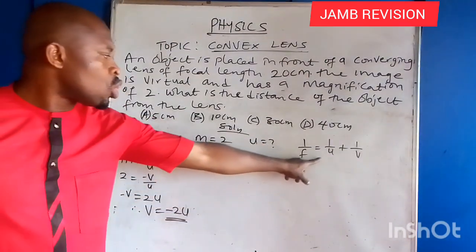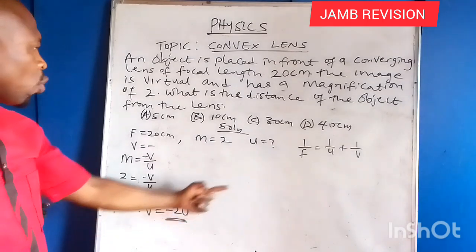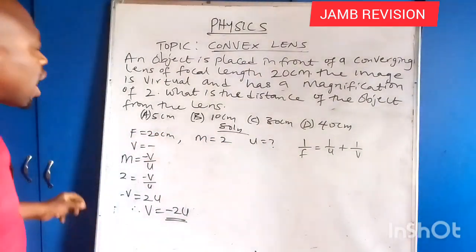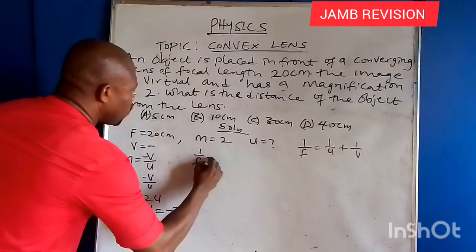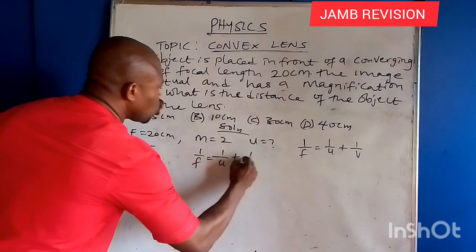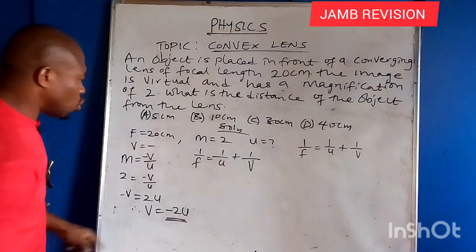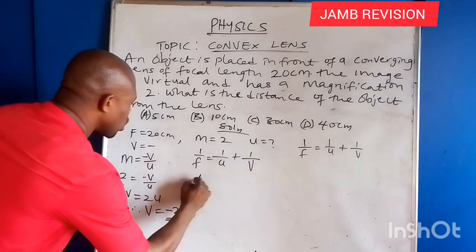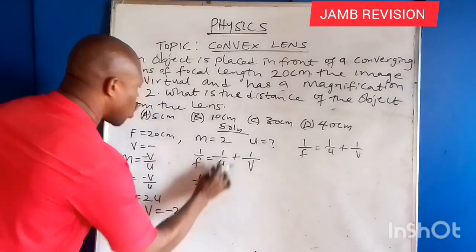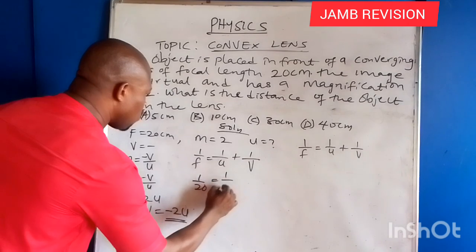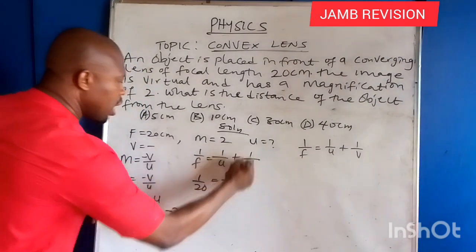Now, if we substitute here, remember, we will now have 1 over F. So, we say 1 over F is 1 over U plus 1 over V. Now, we substitute. F is 20. 1 over 20 is equal to 1 over U. U is already there.